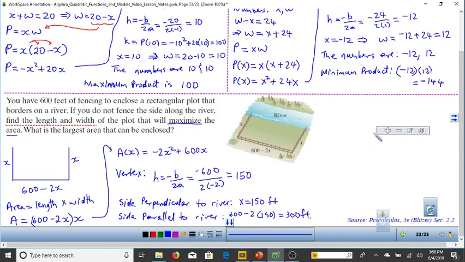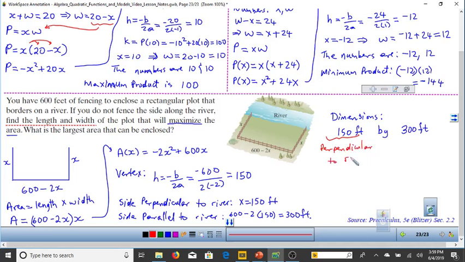And so the dimensions then are 150 feet by 300 feet. And of course, the 150 feet is perpendicular to the river, and 300 feet is parallel to the river.